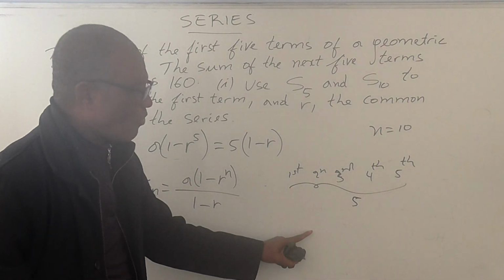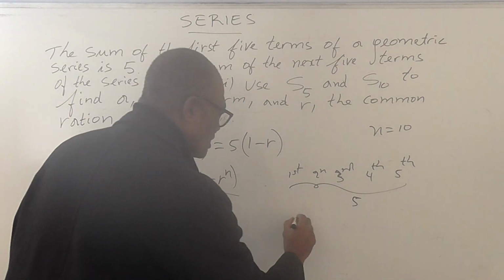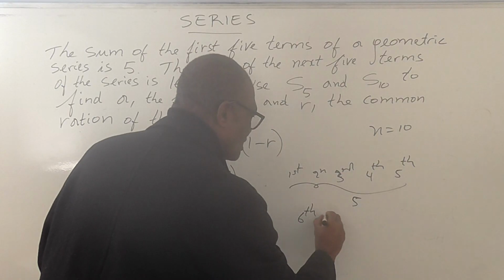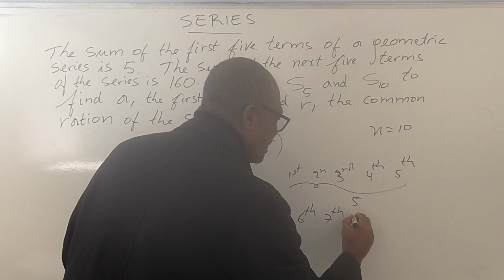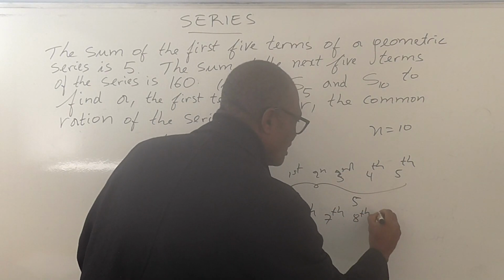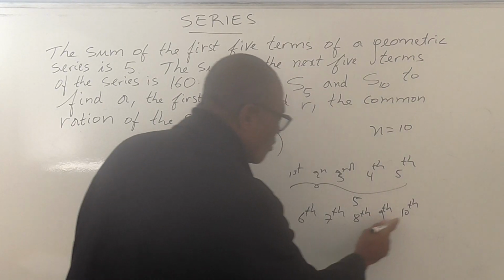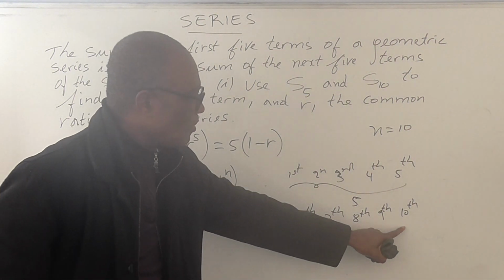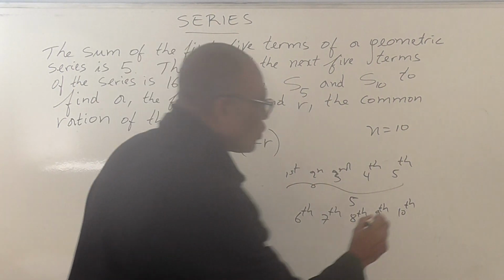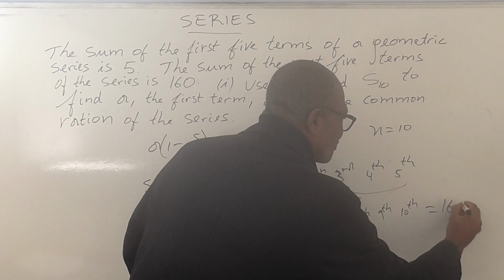Now the next 5 again, that means the 6th term, the 7th term, the 8th term, the 9th term, and the 10th term. The sum of the next 5 terms will give 160.